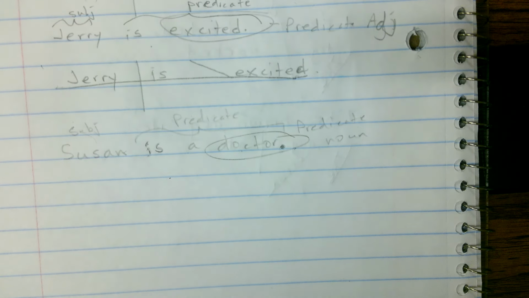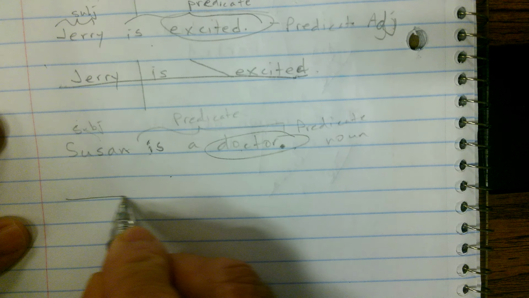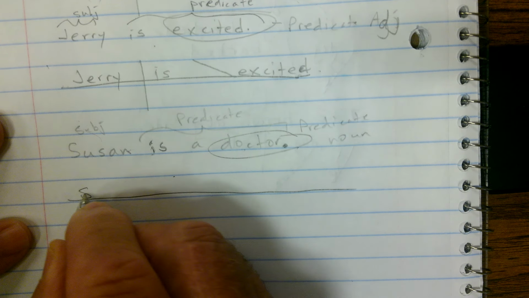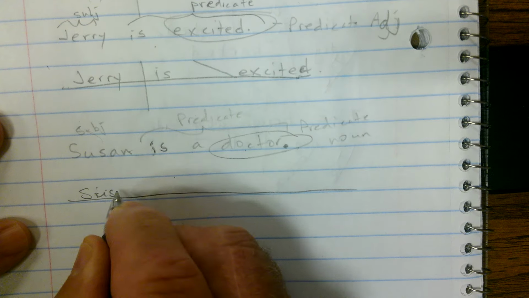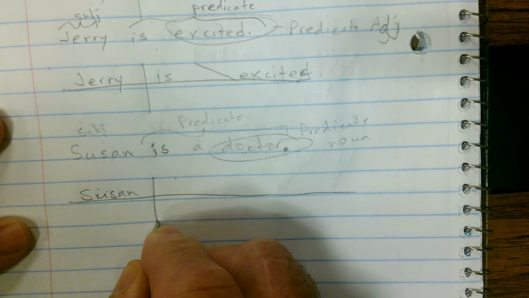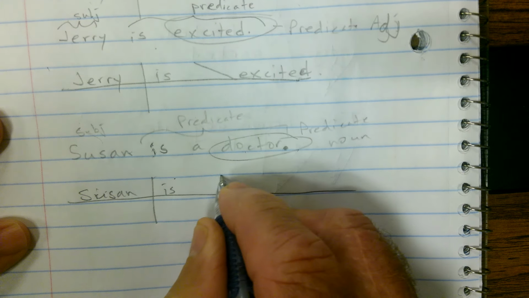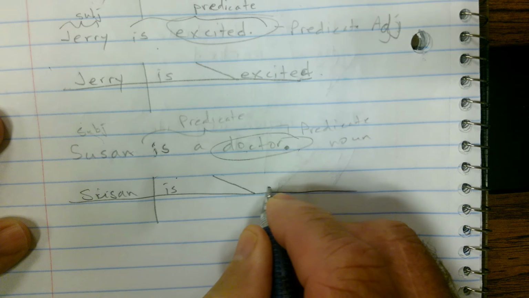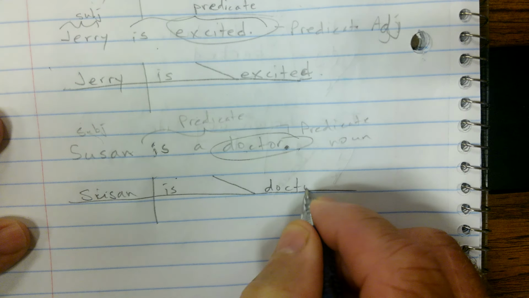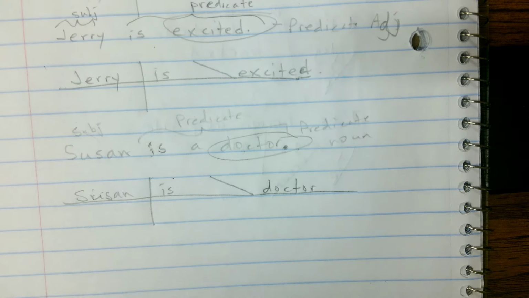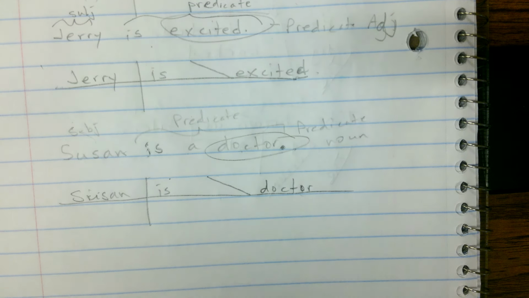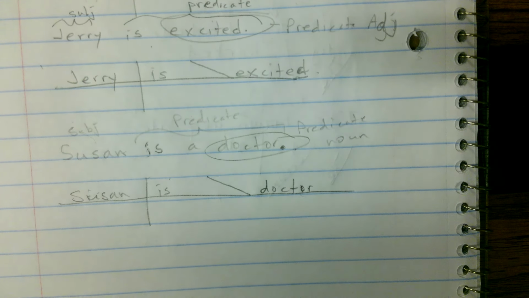So how is that done differently? Well, it's not really. We write down Susan, our line, is, and this tells us what Susan is, doesn't it? So Susan is a doctor. Now, if you recall last time, we talked about the dog is hungry, or the dog is barking, and the modified dog.